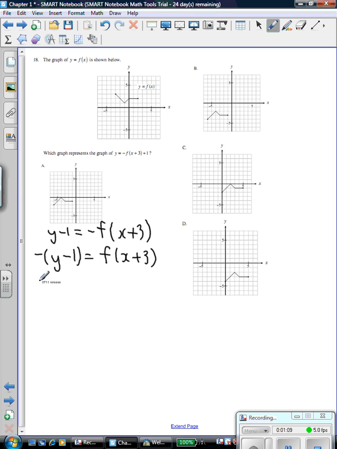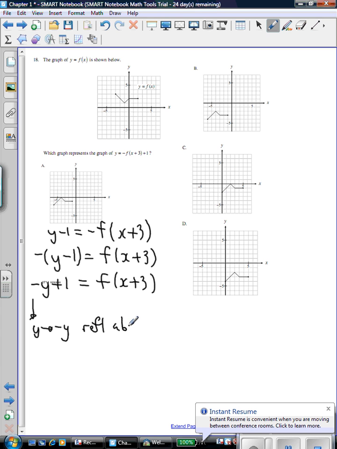You'll be tempted, quite possibly, to multiply through by this negative. If we went like this, minus y plus 1 equals f of x plus 3. Now, if you do this and you look here, you think to yourself, okay, this is y to negative y. That's a reflection about the x-axis. So we go from y to minus y.